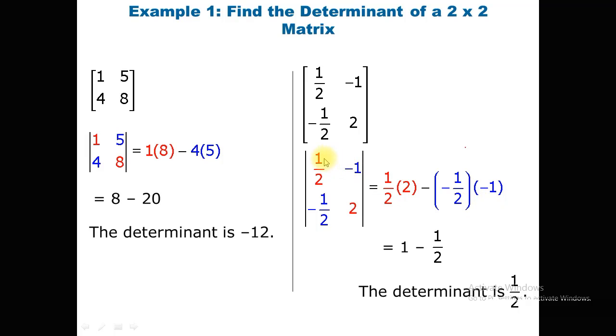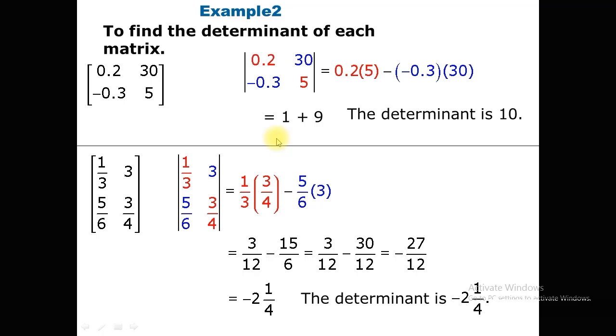First multiply these entries, then multiply the entries of the other diagonal, and then subtract the result of this product from the result of that product. So 2 and 2 cancel, we get 1, minus and minus gives plus, so we have 1 plus 1 over 2. Taking the LCM, we get the determinant as 3 over 2.